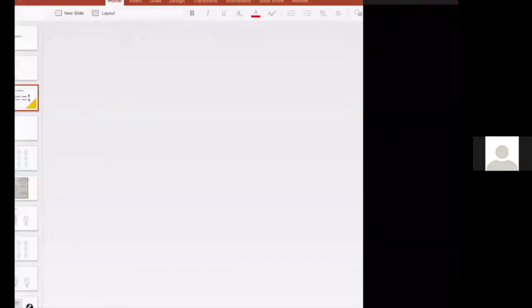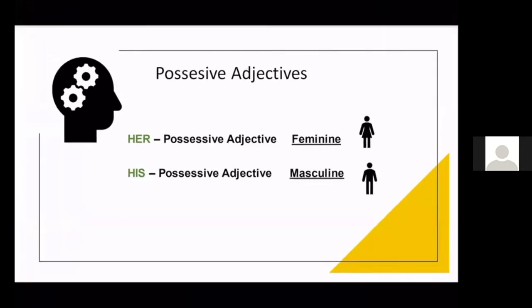So you can start with this one, for example, and you can say, okay, remember possessive adjectives. Her for feminine, his for masculine. And then you do the magazine or the picture. So go ahead.